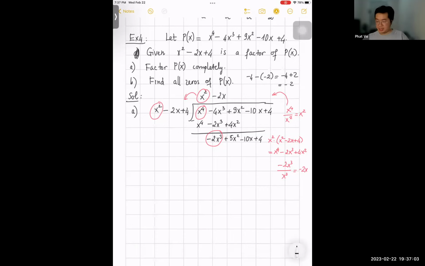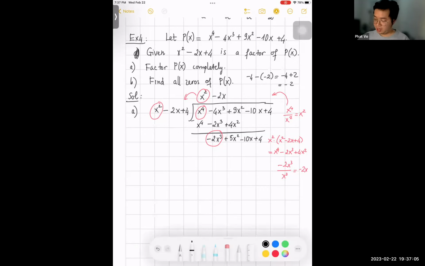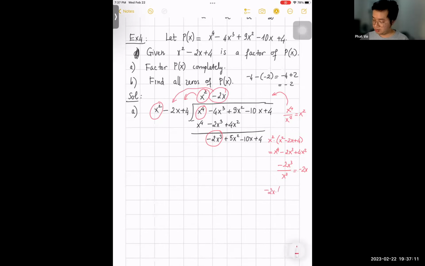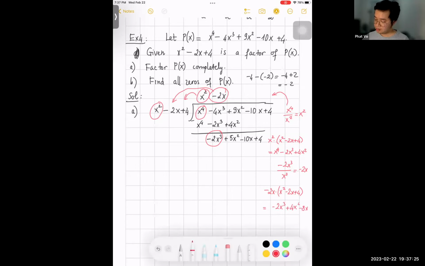After that, we need to multiply negative 2x by the divisor. So we get negative 2x times x^2 minus 2x plus 4. So it's equal to negative 2x^3 plus 4x^2 minus 8x. So put it in this line.